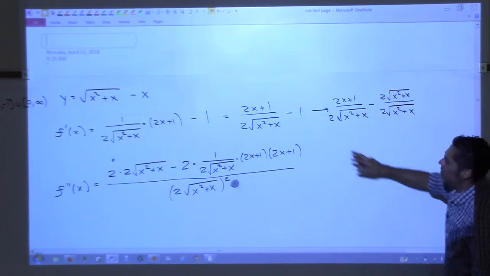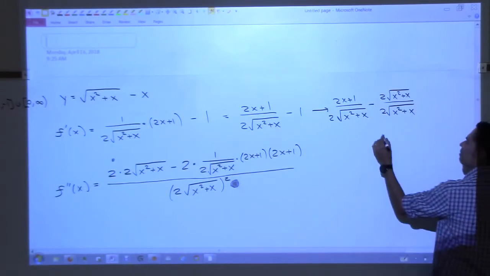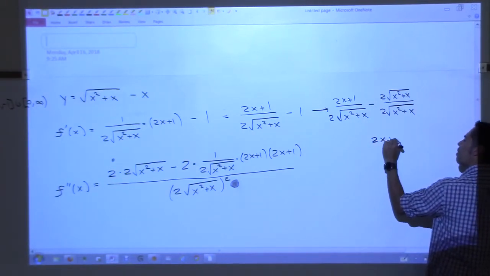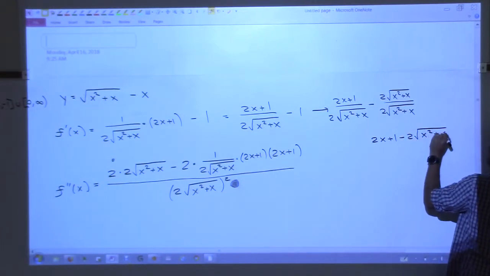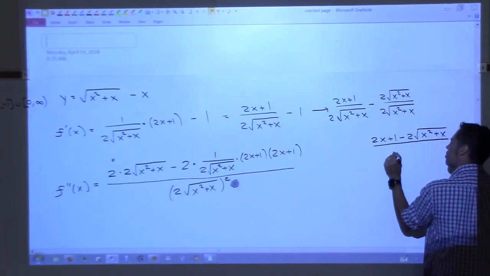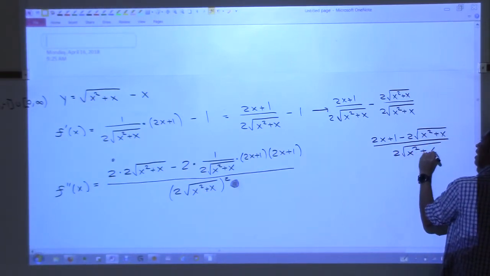See how I'm just turning that negative 1 into this right here? So we have the same denominator. And now let's put them together. So that's 2x plus 1 minus 2 root x squared plus x over 2 root x squared plus x.